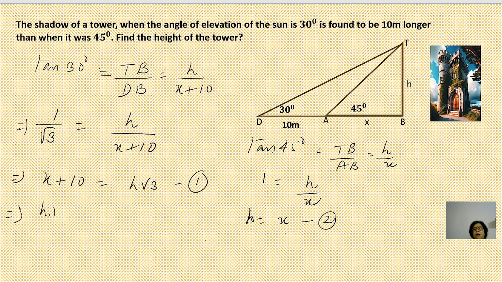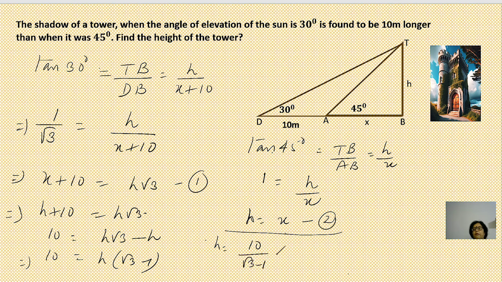So we get here h plus 10 is equal to h root 3, or 10 is equal to h root 3 minus h, which becomes h into root 3 minus 1. Now we need to further simplify this. We can write h is equal to 10 by root 3 minus 1, which on being rationalized, the denominator will become 3 minus 1, that is 2.